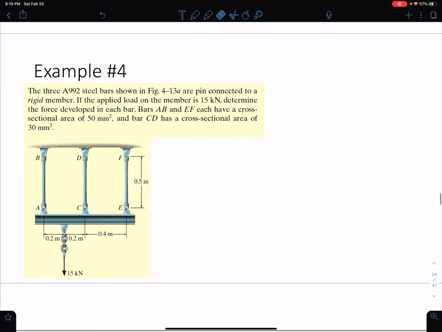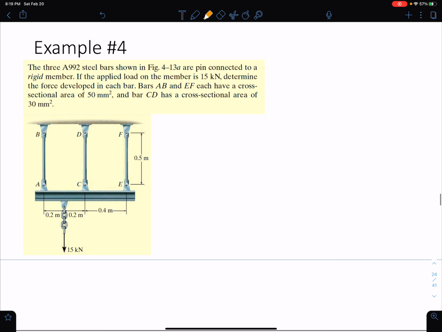Okay, let's try another example here. In this example, I have 3 steel bars that are pin connected to a rigid member. So remember what rigid means. It means it's a stiff member. It does not deform.